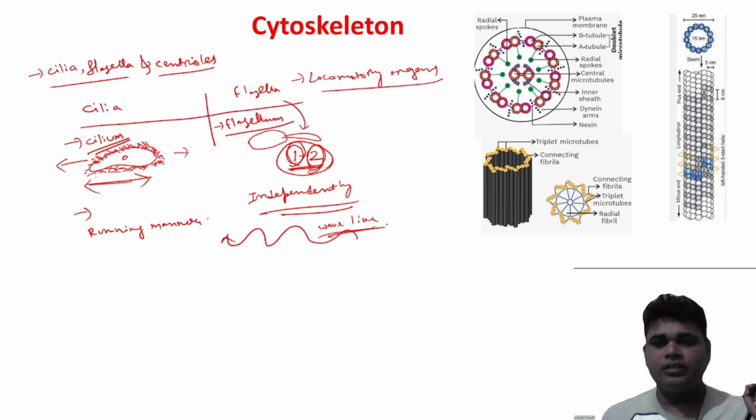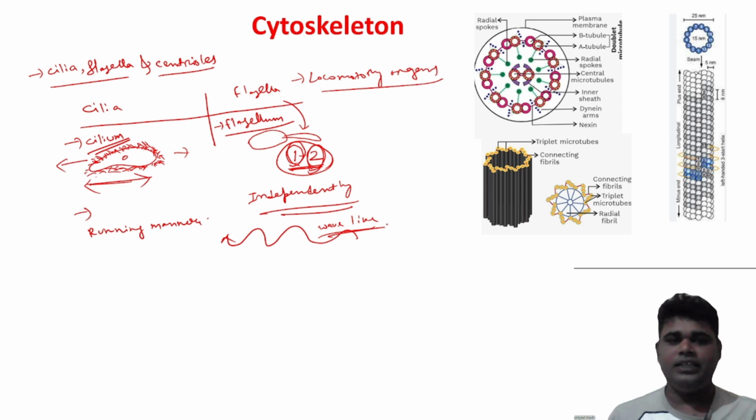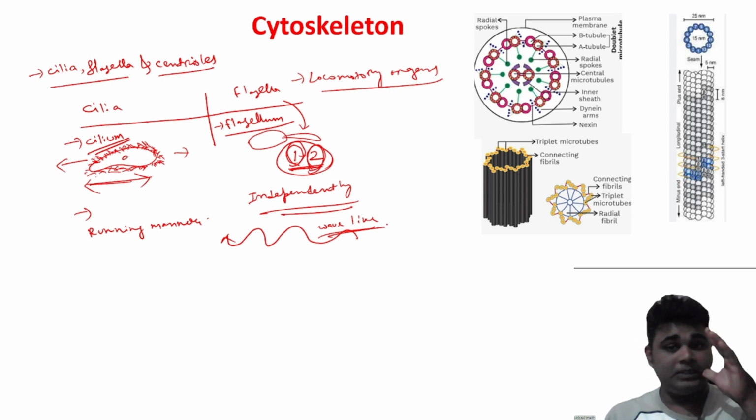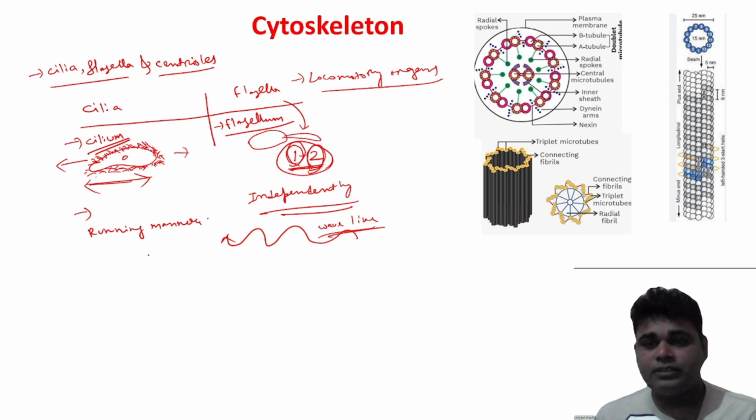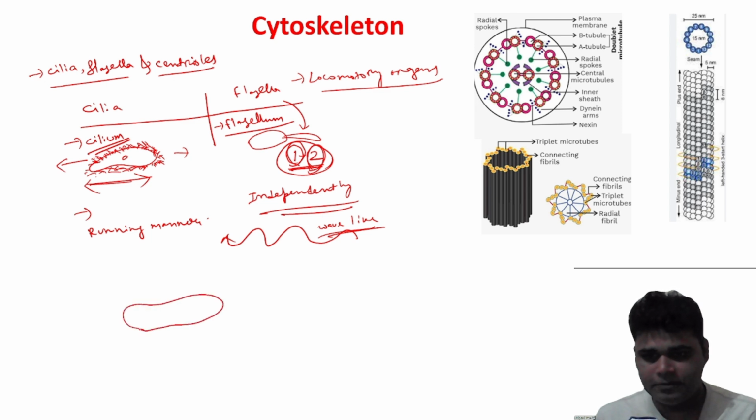Now look at the structure of the cilia and flagella, or the microtubules present in them. But before going to that, for example, this is the paramecium. The cilia structure looks like this. This is the whole cilia structure.